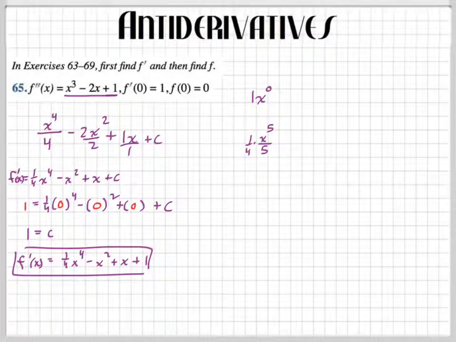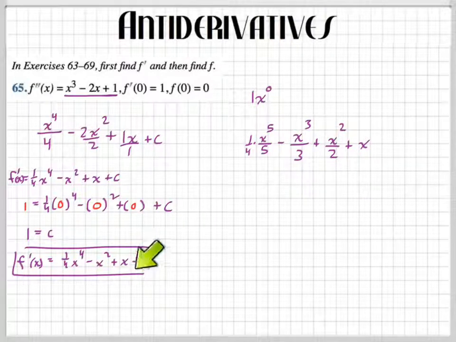The next one we go x to the 3rd power, divide that by 3. Next one would be x to the 2nd power, because we're adding 1 to that exponent, divided by 2. And the last one would be just an x, because it's a 1. Alright, so simplify that. Oh yeah, don't forget the c.